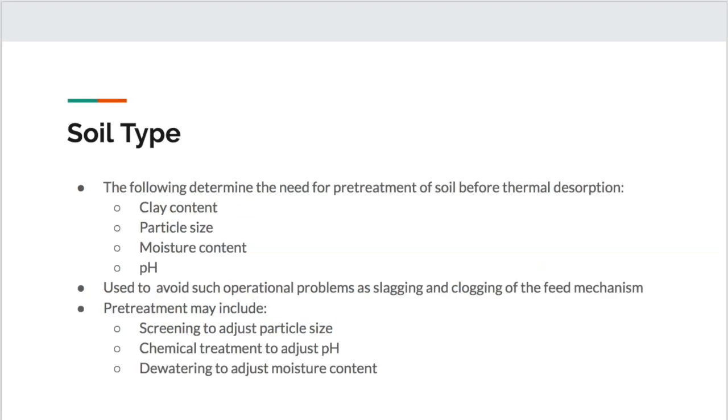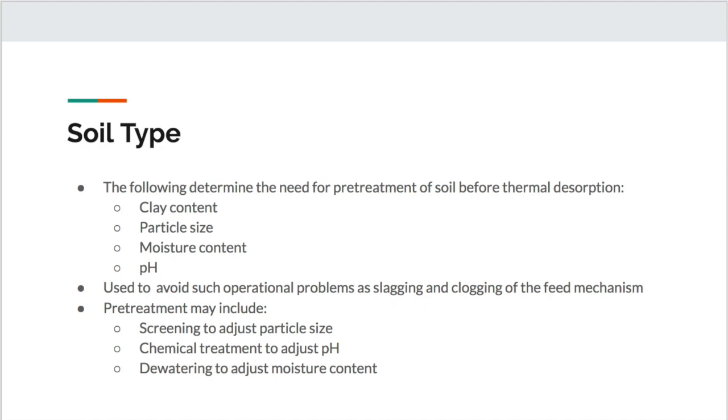The following determine the need for pretreatment of soil before thermal desorption. So the clay content, the particle size, the moisture content, and the pH all affect the cost of the overall remediation of the soil. This is used to avoid operational problems such as slagging and clogging of the feed mechanism while you're remediating the soil.